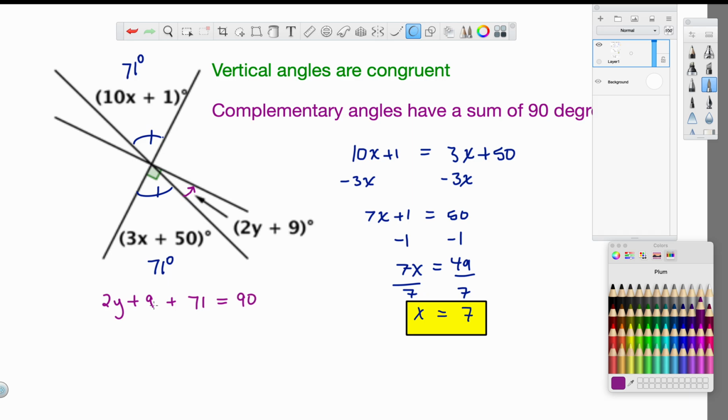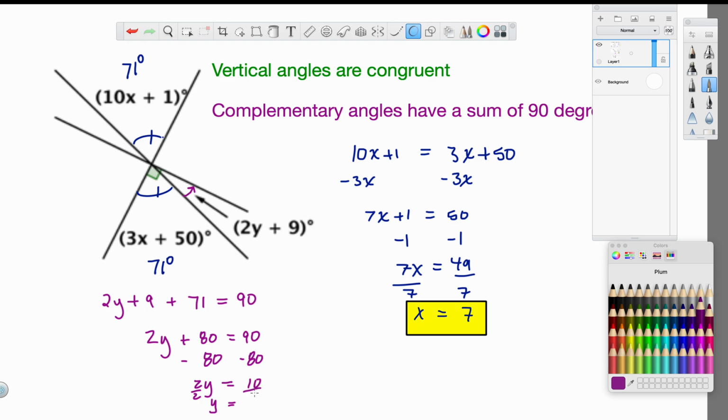Let's add the 9 and the 71. That'd be 2y plus 80 equals 90. Let's subtract 80 from both sides. 2y equals 10. So divide by 5. Sorry, divide by 2, getting ahead of myself.